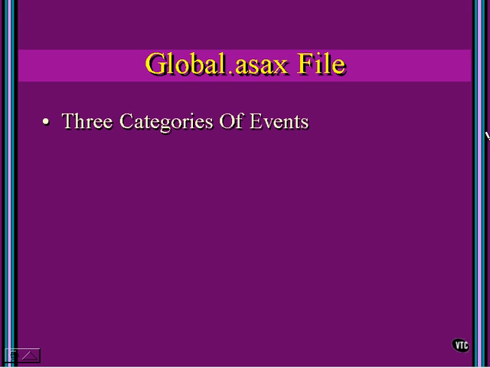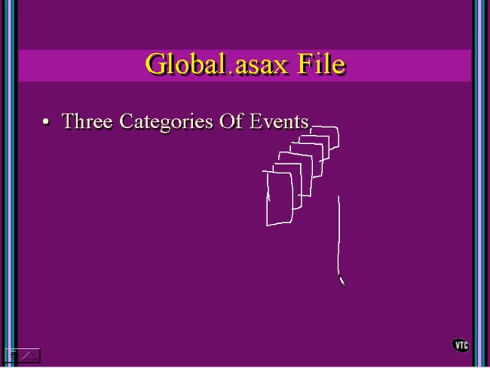Now, if you want to think about the Global.asax file, let me give you a little picture here. Here's all the files in our web application. So these are all the pages that the users see and hit as they surf through our website. And there could be hundreds of these things.